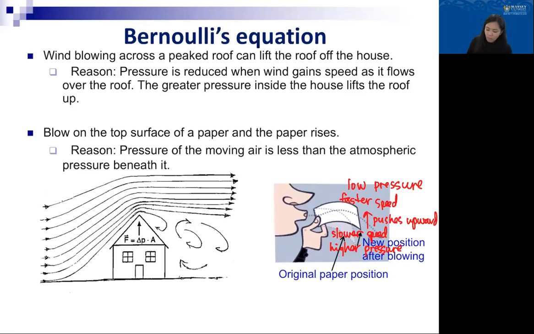And it's the same thing when you have strong wind. Okay, the roof is actually blown off the house instead of collapsing downwards. Okay, it's the same principle. You have fast moving air above the roof, slow moving air below, and you have lower pressure above and a higher pressure below.